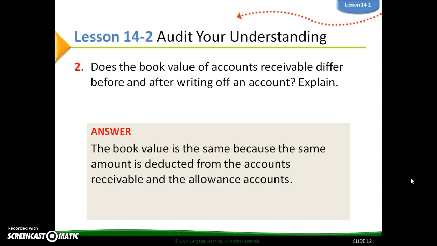So the book value doesn't change. We just went ahead and said, hey, this amount that we were allowing ourselves to say is not collectible, we actually went ahead and wrote off what we had previously allowed. So the book value in terms of what we think we'll actually collect doesn't change.